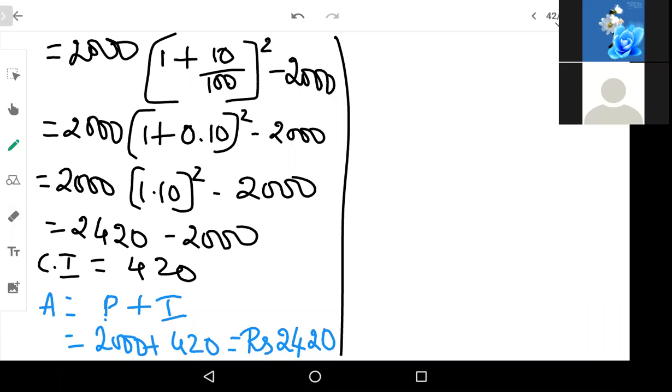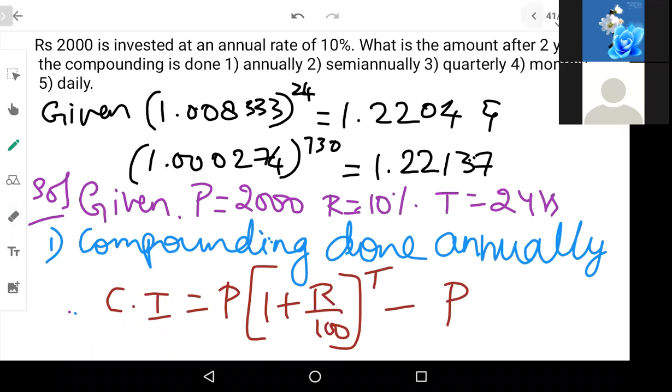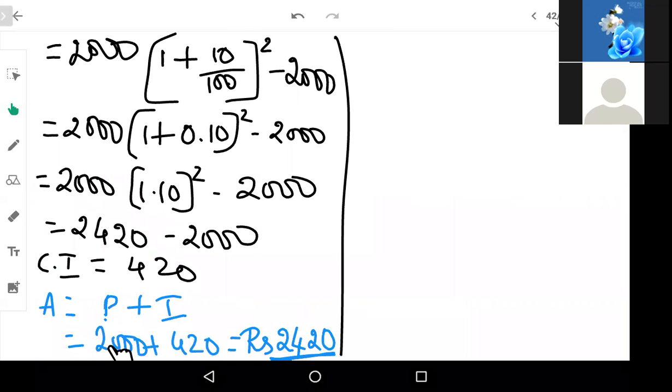Now add that to the principal. They're asking us the amount. What is the amount after 2 years? Since they're asking us the amount, it means principal plus interest. So we will have to add that back to the principal and say the total amount including the compound interest.